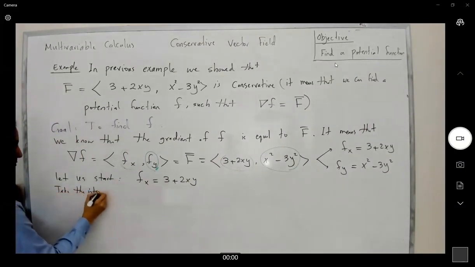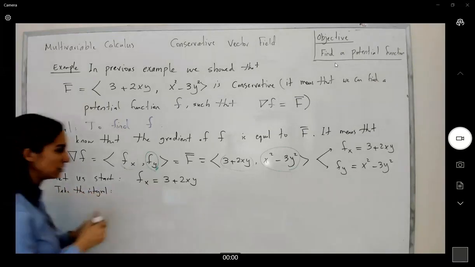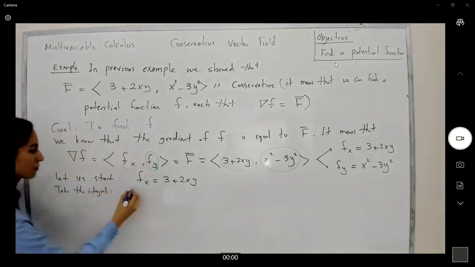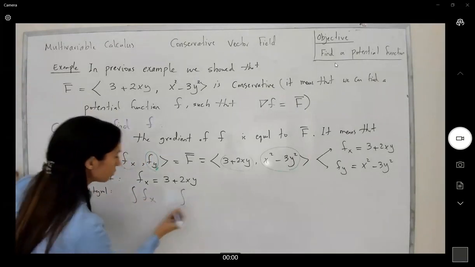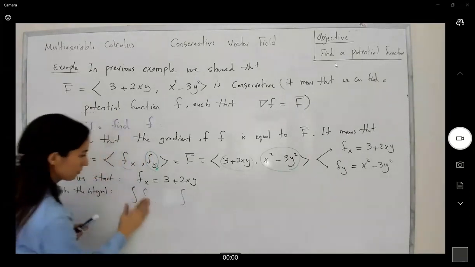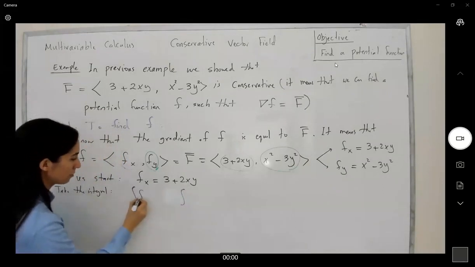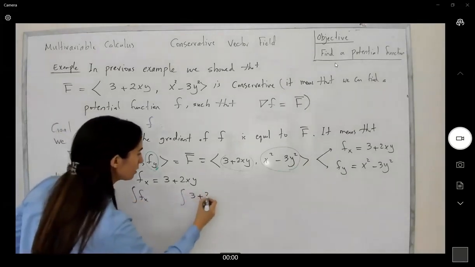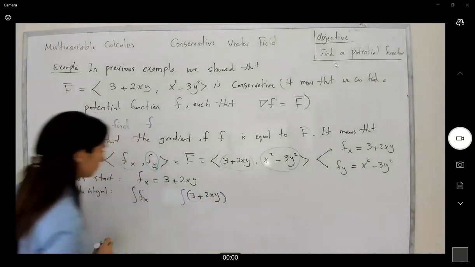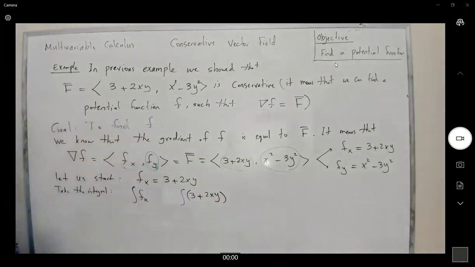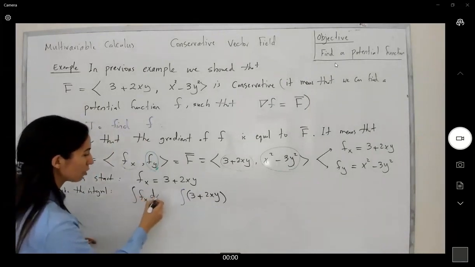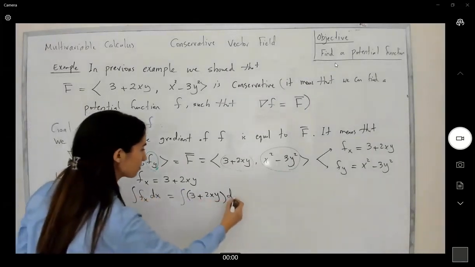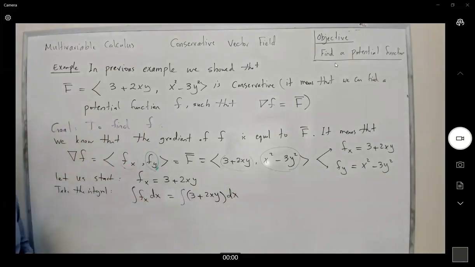The integral of f_x is equal to the integral of 3 plus 2xy. Since I want to get rid of x, I'm going to take the integral with respect to x.